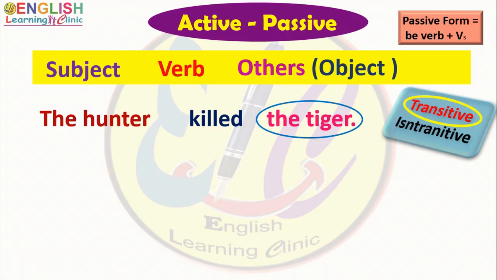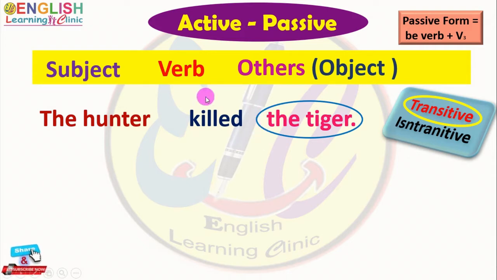In the first class of my voice series, you have learned that it is the speaker's intention whether he will give importance to the doer of the action or the receiver of the action while saying about the action. When the speaker gives importance to the doer of the action, he will use the active form of the verb, and when he gives importance to the receiver of the action, he uses the passive form of the verb.